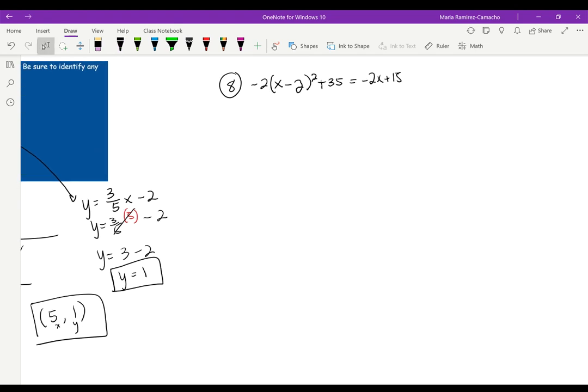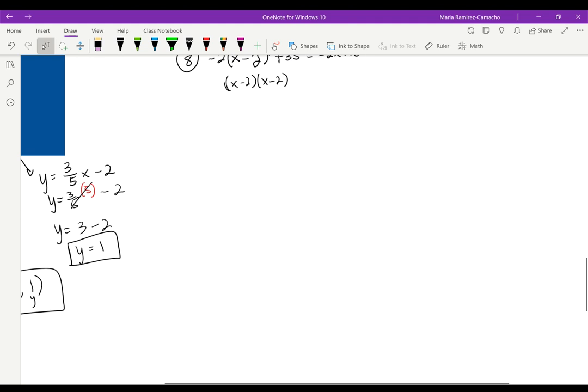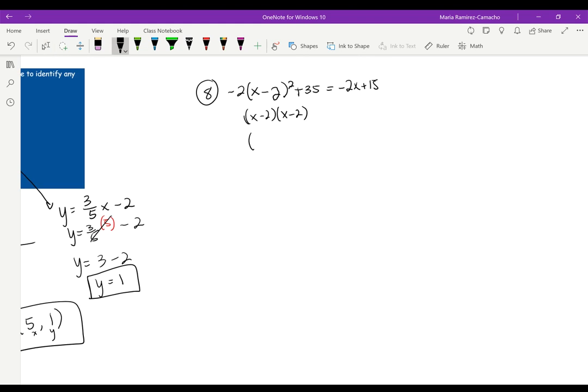Okay, let's simplify the left side. (x minus 2) squared is just (x minus 2) times (x minus 2), which, if we multiply that out, is x squared minus 4x plus 4. We'll bring the rest of this equation down. We still have a negative 2 in front of that parentheses, so we'll distribute this.